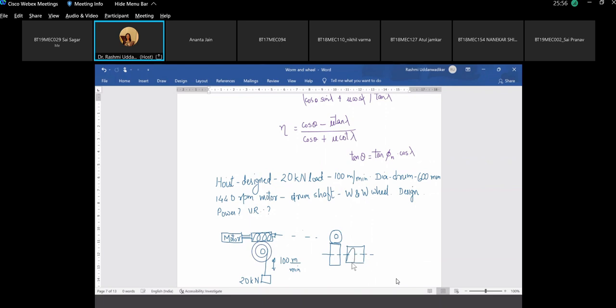And on this drum shaft, you have this wire rope which is lifting the weight of 20 kilonewton. Understanding this assembly is very important because, as I said, later we'll be designing the entire assembly. So this is the hoist drum. This is the worm. This is the worm gear or the wheel. In the side view.